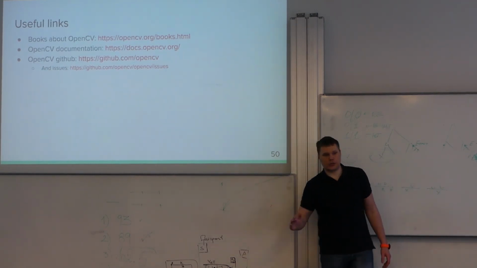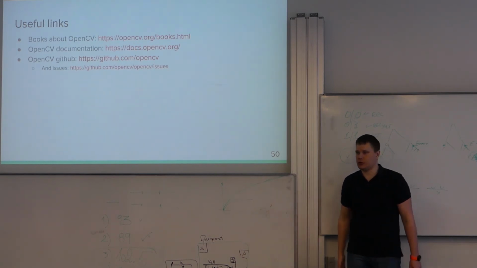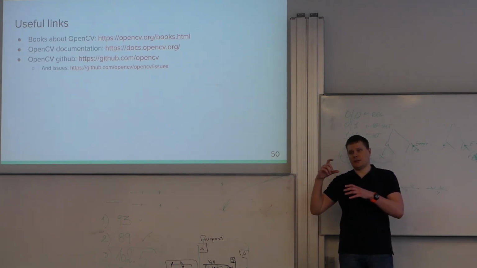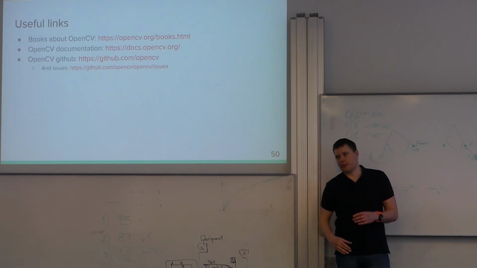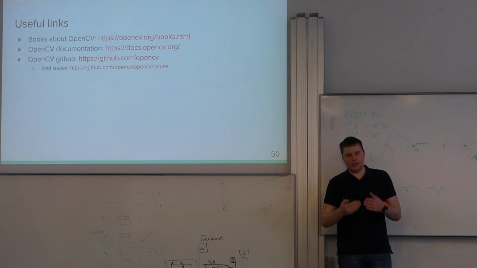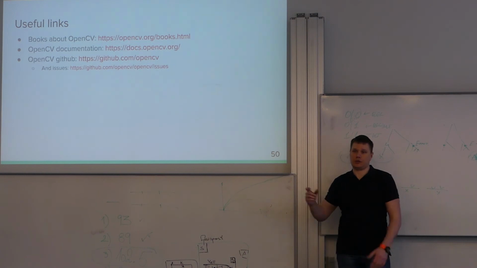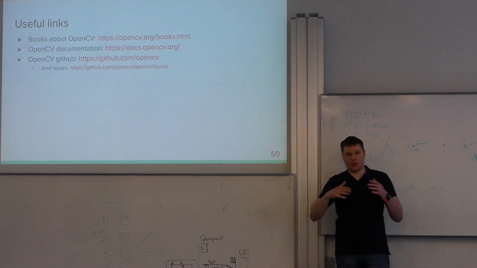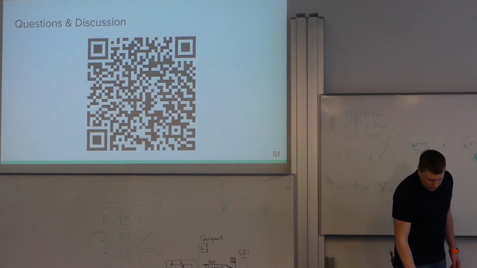If you have any issue or question, it's better to search inside issues in the OpenCV repository, because sometimes there is very useful information in comments from contributors and developers about functionality. If you need a deeper understanding of something or how to solve some issue, it's better to also revisit issues, even closed issues. So it may be useful.